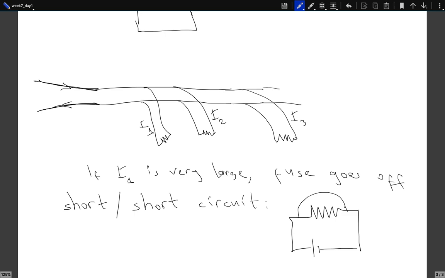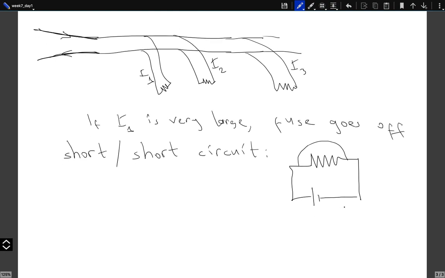Well, if you bypass that resistance, now there's no resistance in my circuit. R becomes very small. If R becomes very small, then the current will just go to infinity almost. The current will be huge. The power delivered to the system will be huge. And, well, it will start burning. Something will start burning.